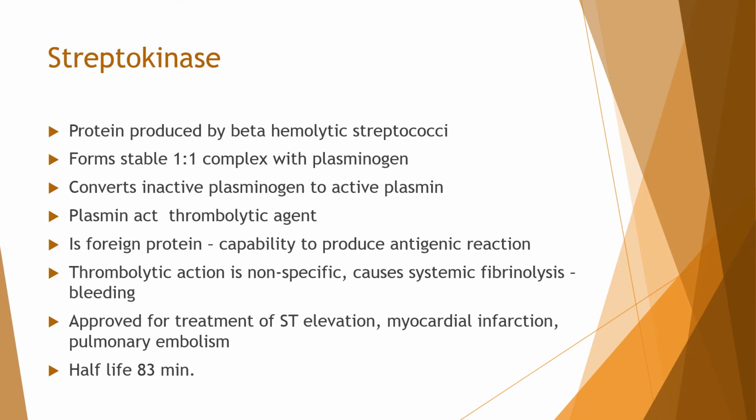Many times this fibrinogen to fibrin conversion is essential in our body to prevent bleeding. So it produces a non-specific thrombolysis; all over the body, thrombus formation will be stopped. Even the small clots which are necessary in our body are also dissolved, and this leads to the bleeding property. This is one limitation of it.